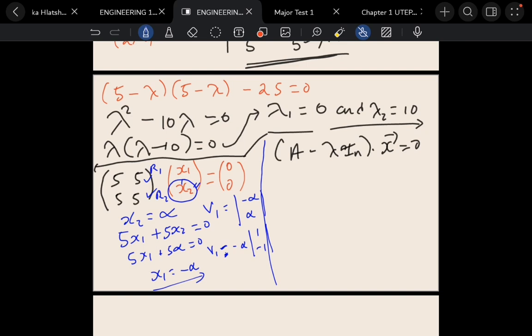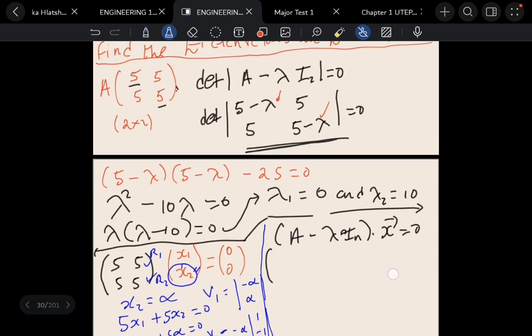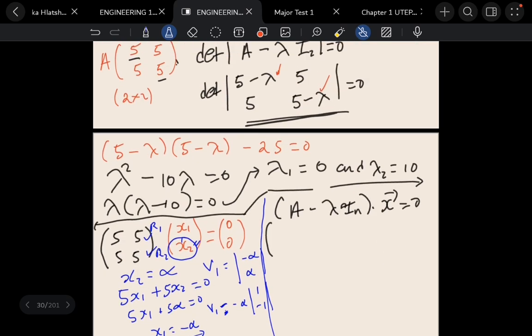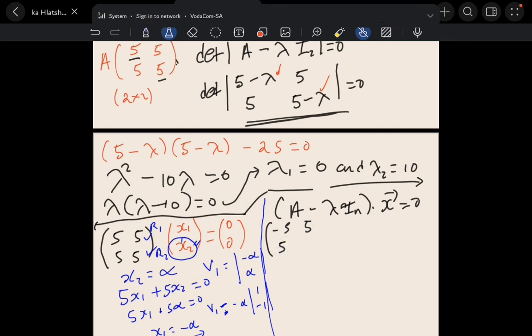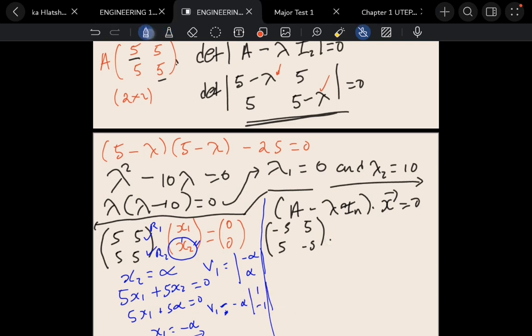And the next thing that you need to do, we need to find the eigenvector for lambda 2. To find the eigenvector for lambda 2, I'm just going to take this 10 and substitute it in there. Substituting that 10, I'm going to have 5 minus 10, which is negative 5. Remember, we need to have a standard.